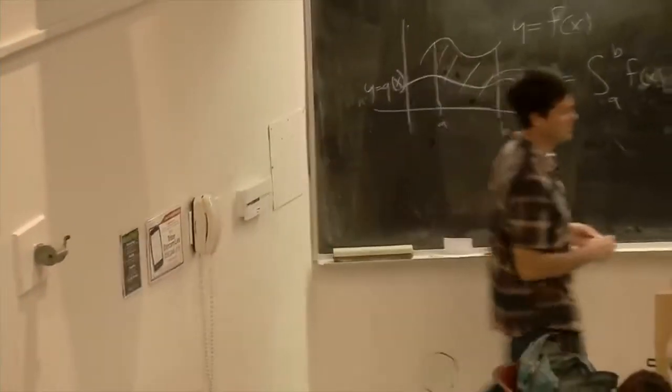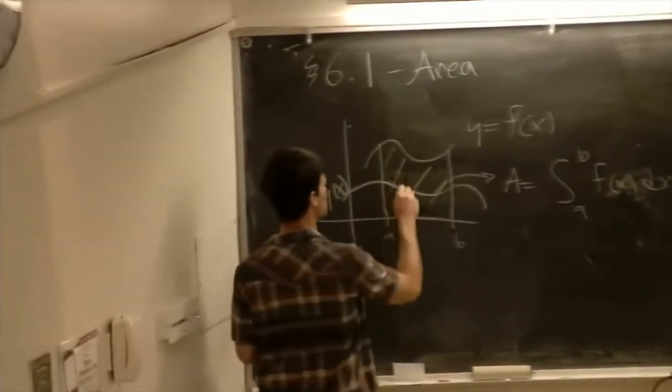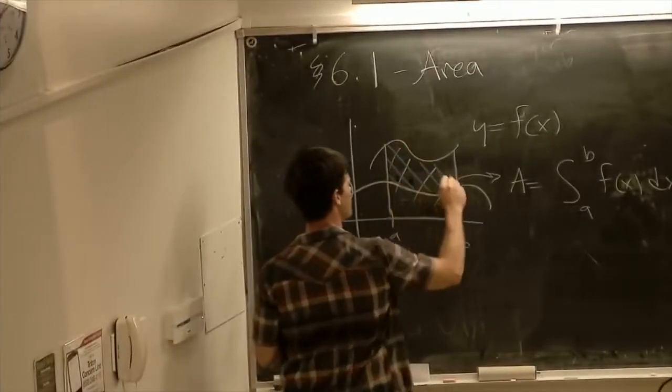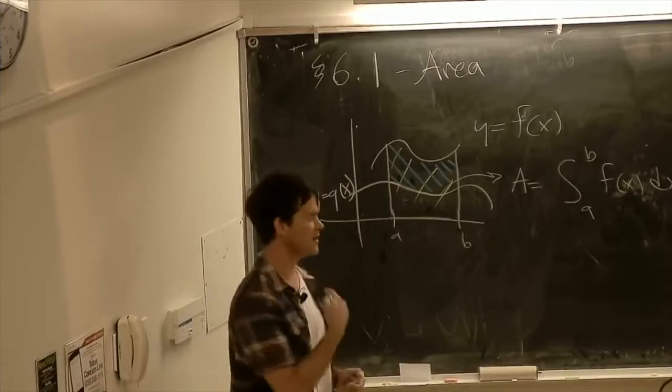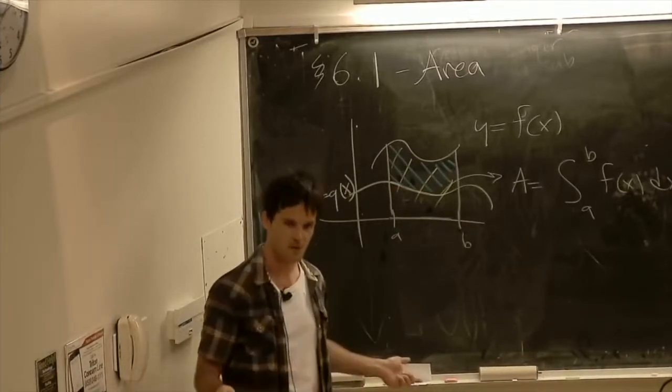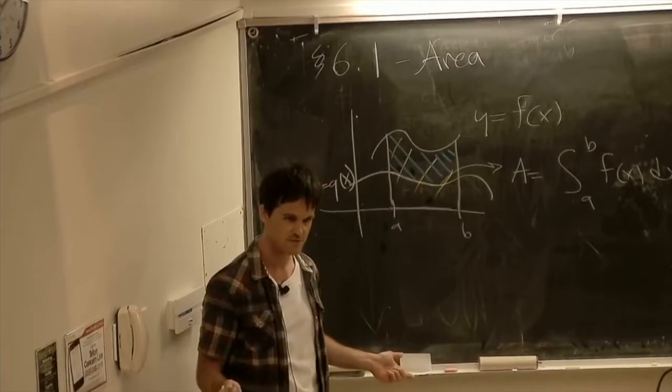And what I want to find is not the area below everything, but the area between f and g. Can we get an expression for that based on what we've already learned?